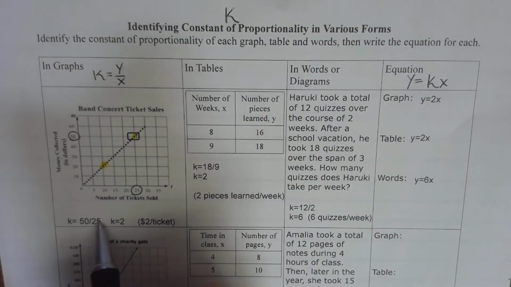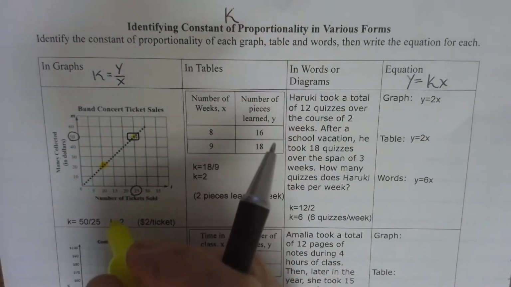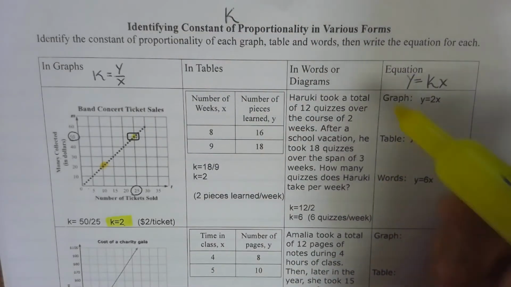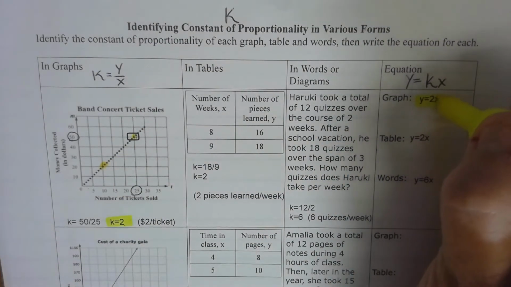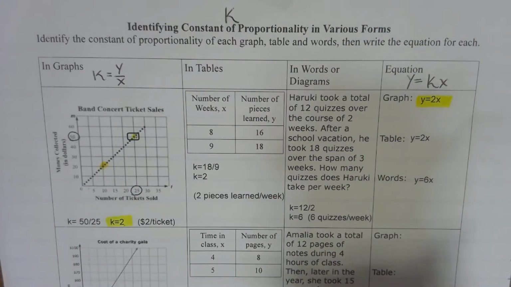So 50 over 25 is 2. So my k here is 2. So now I come over to the equations. For the graph, I write the equation where I plug 2 in for k. Y equals 2x represents this graph.